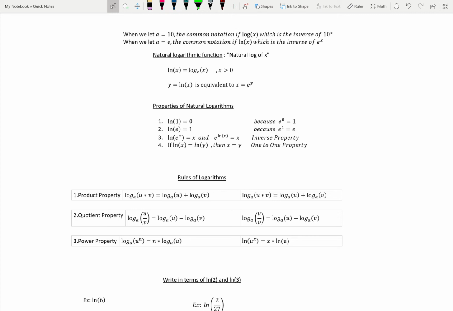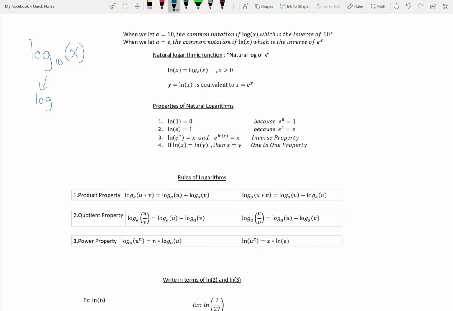Alright guys, in the last video we left off talking about different notations for log, right? And we said normally we write log base a of x. But if the base is 10, so if a is 10, it's usually written as just plain old log.